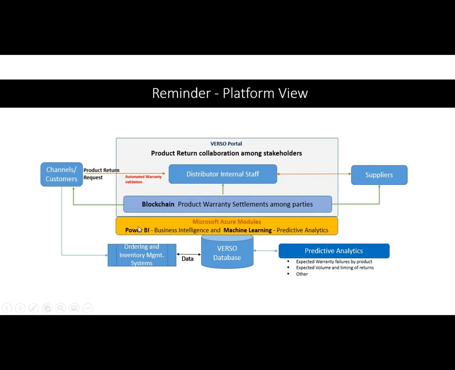A couple of very important areas to note, which make Verso more interesting and compelling, are these two areas. The blockchain process is a module that we've implemented using our partner Factum out of Austin, and we feel it's a game changer in that warranty often involves participation from multiple parties, and that's where blockchain really shines. What we're doing here is inserting the warranty contract in the blockchain.